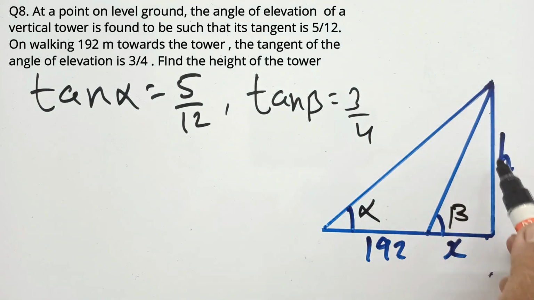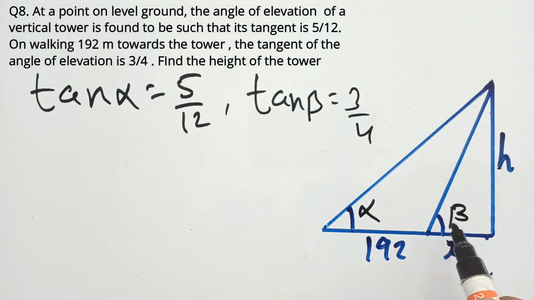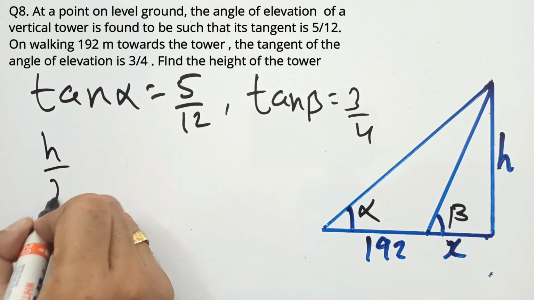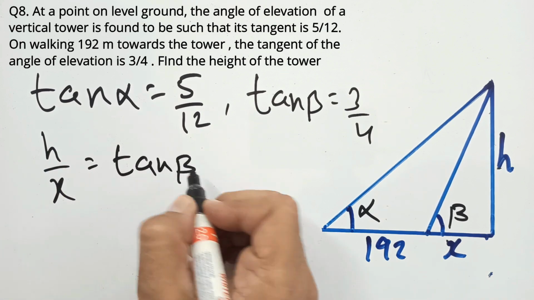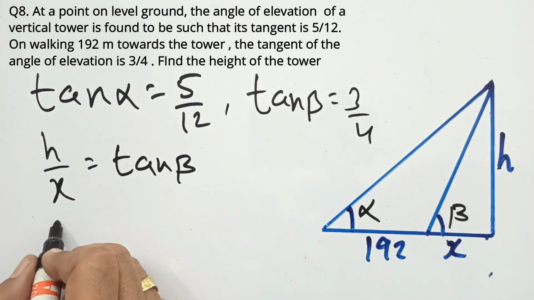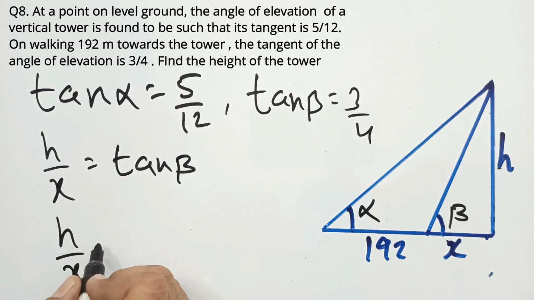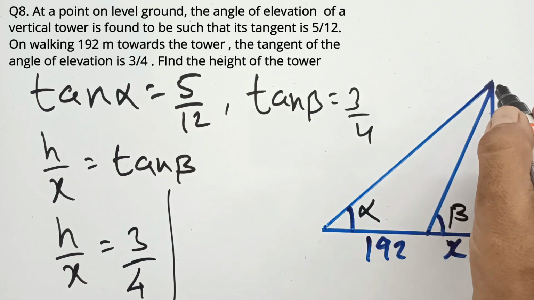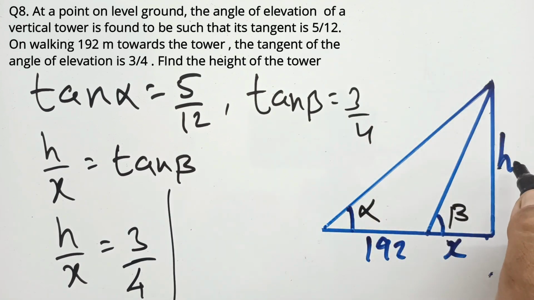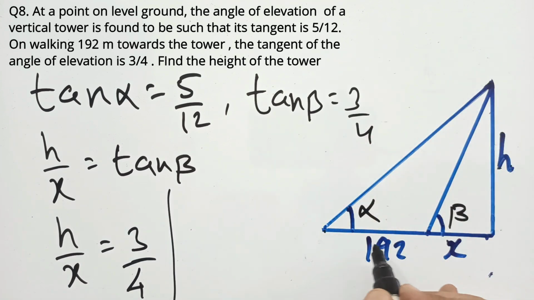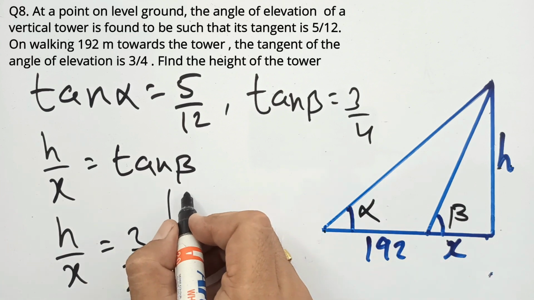In this smaller triangle, h upon x is tan beta, and it is given that tan beta is 3 by 4. In the similar way, in the bigger triangle, h upon the base x plus 192 is tan alpha.